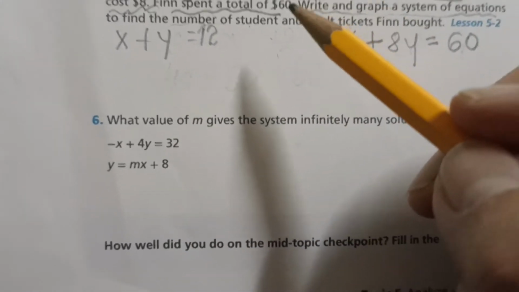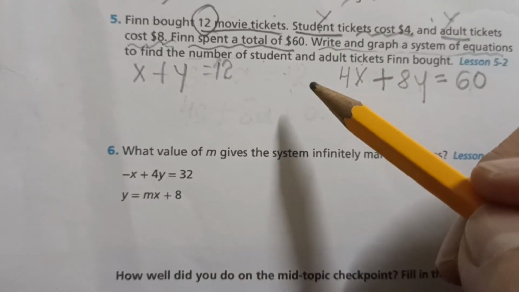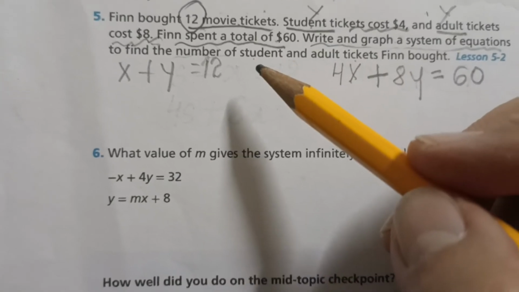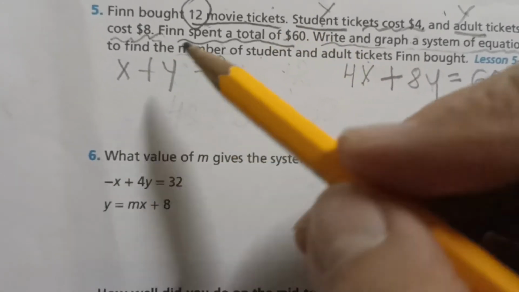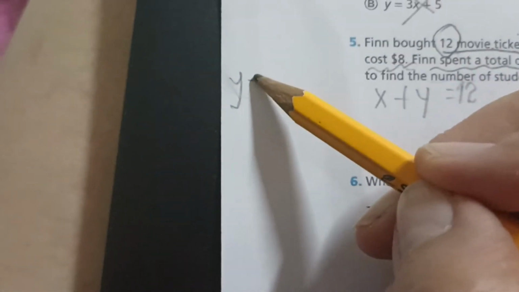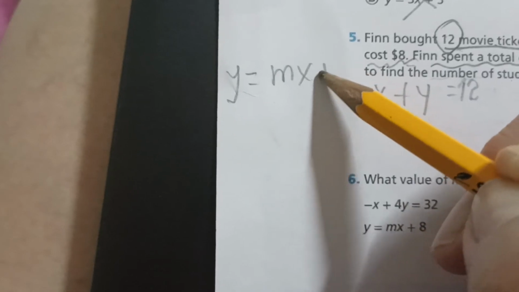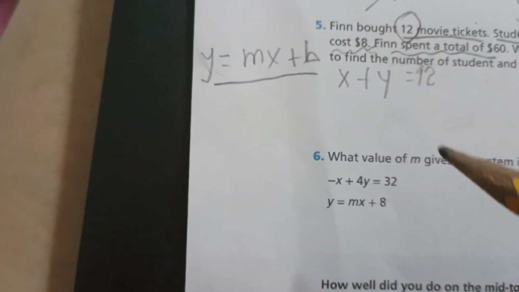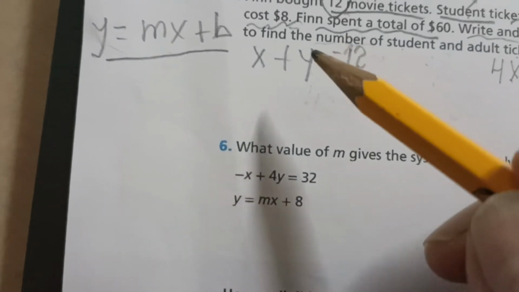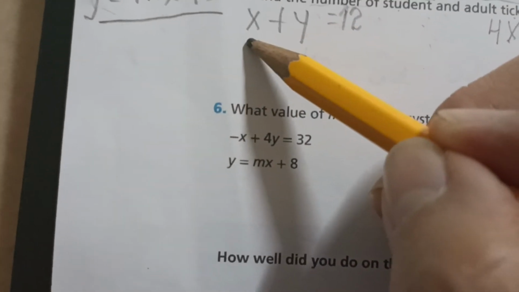Okay, and the task is to graph, and we were learning that to graph we need to find y-intercept and slope. Okay, so actually to put that equation in the form y equals mx plus b. Remember that formula, yes? I'm sure that you know it by heart already. Okay, so the first equation, how to find y.